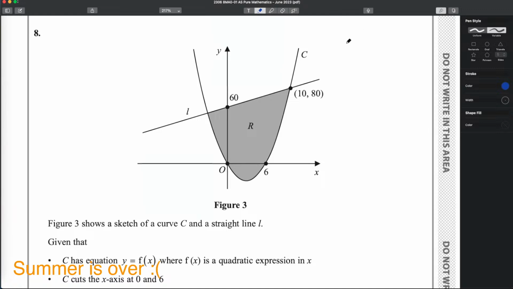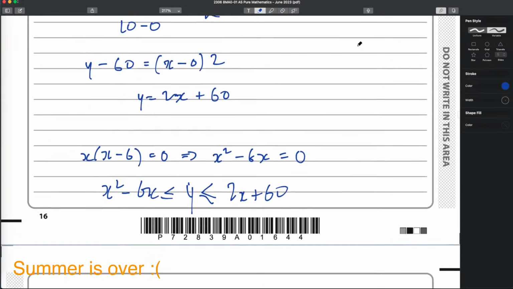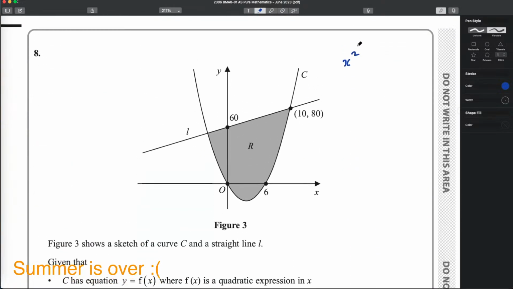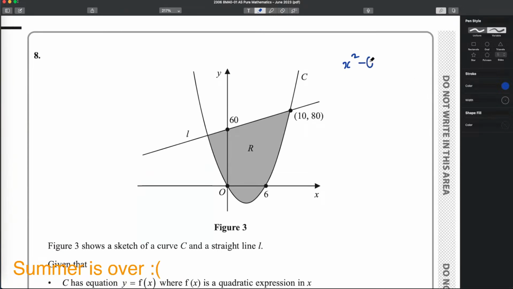I said the quadratic was x squared minus 6x equals 0. Sorry.